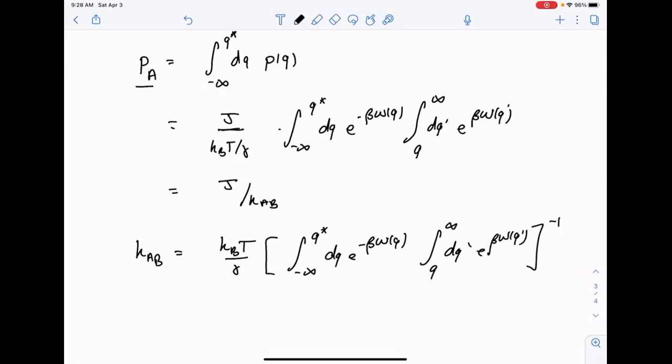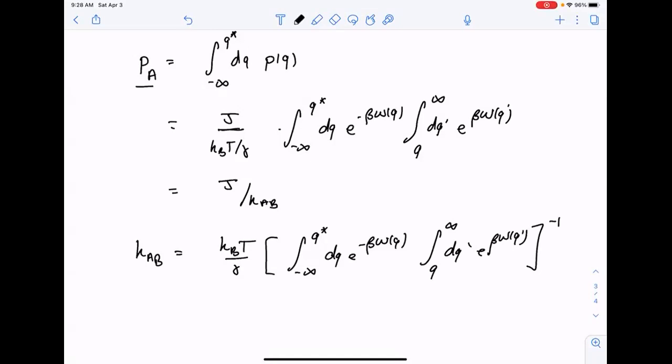That's essentially given us, weighted by kBT over gamma, the flux that takes that probability in A over the barrier. So it's a double integral over a Boltzmann distribution.